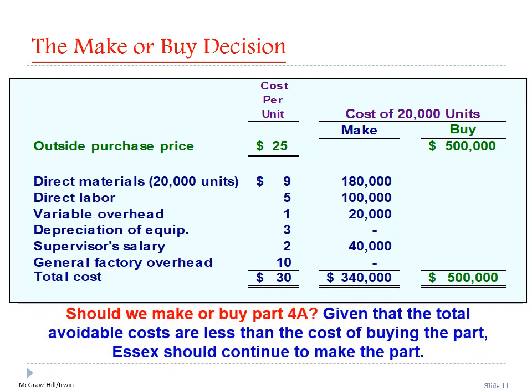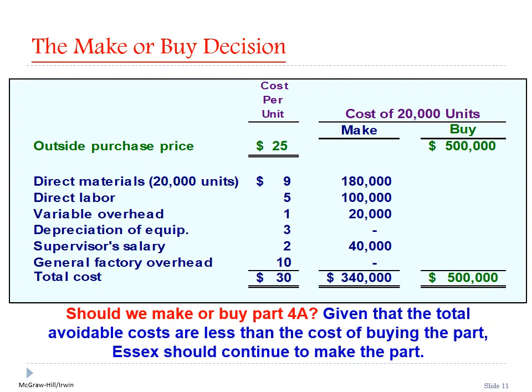يبقى أنا عندي كده الكومباريزون هيحصل. I will compare the make alternative with the buy alternative. The cost of making this part equals 340,000. The cost of purchasing these parts equals 500,000.